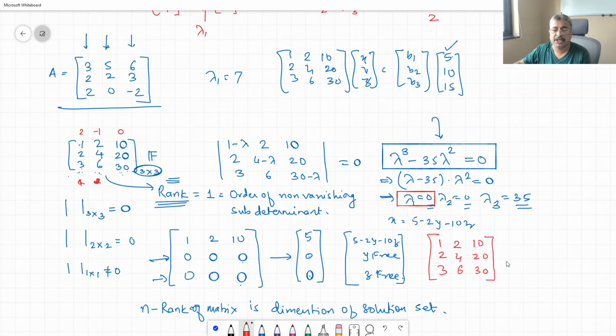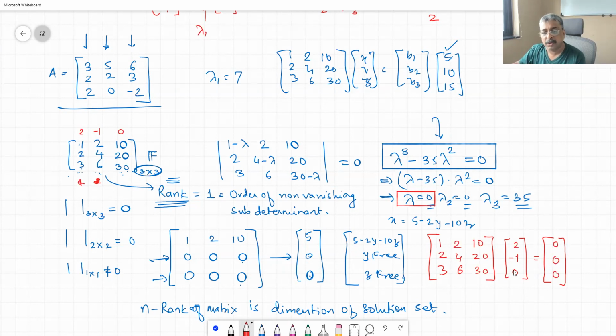What I am proposing is take 2 of the first vector, minus 1 of the second vector and 0 of the third vector. If you multiply, let us find out what we get. 2 into 1, 2 minus 2, 0. 2 into 2, that is 4 minus 4, 0. 6 minus 6, 0. So you get the 0, 0, 0 vector. Correct? 0, 0, 0 vector.